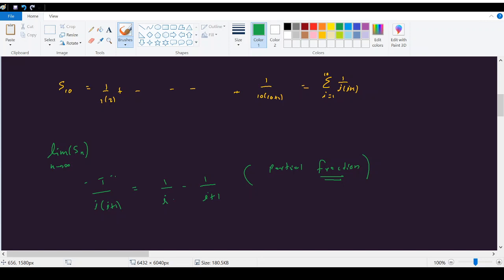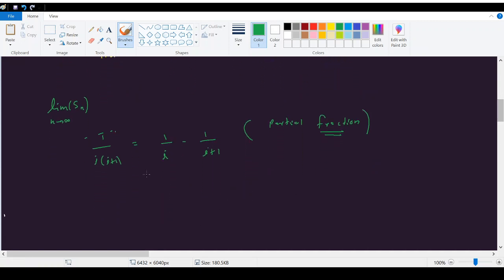So simply we can write this one in the form of two separate fractions, right? The reason for doing it is that Sn means the sum of this term starting from i equals 1 and going up to n.